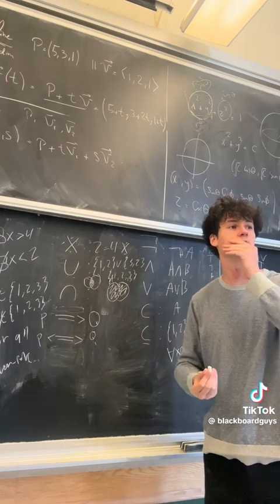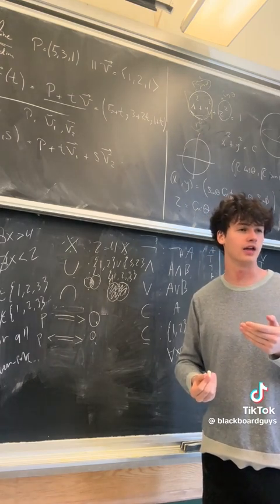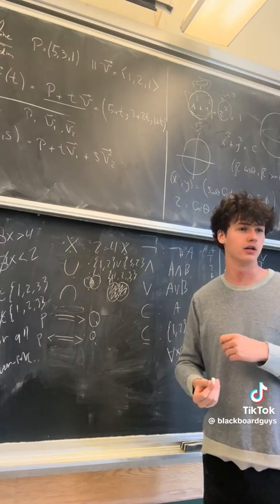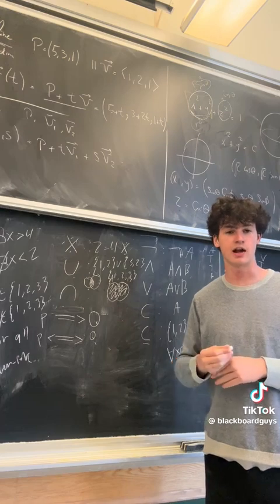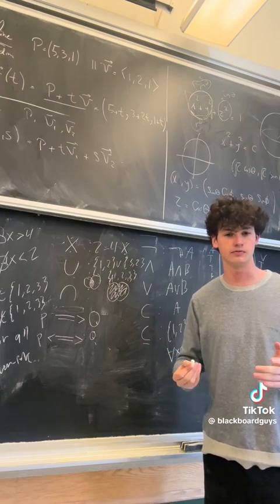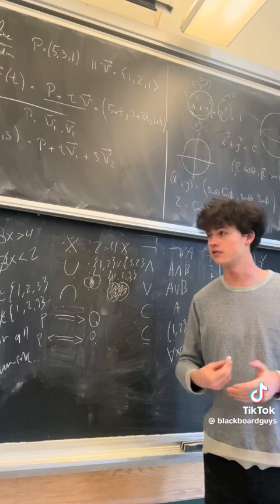Actually, okay, wait, I could be wrong. The empty set could be a proper subset. I think a proper subset just can't have all the elements of the set that it's a subset of.